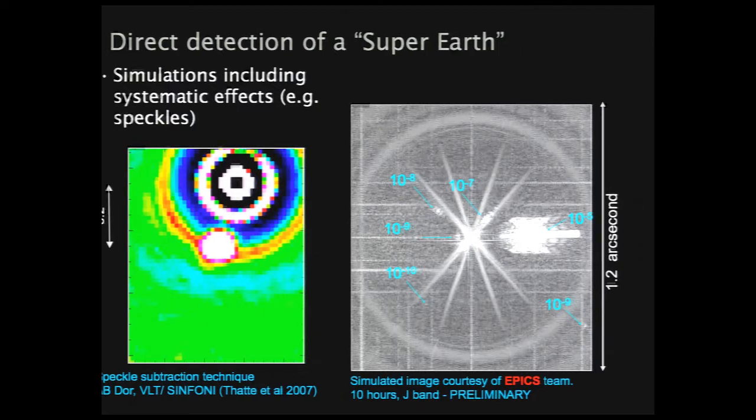Then you suppress the star light with techniques like coronagraphs, etc. And then you get images where objects of even 10 to the minus 9 and 10 to the minus 10 appear visible in our simulations. Of course, real life is slightly more complicated, but this is at least promising.